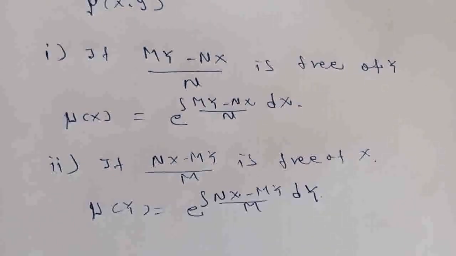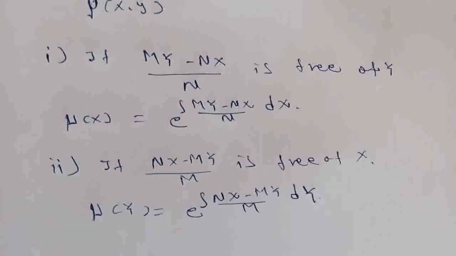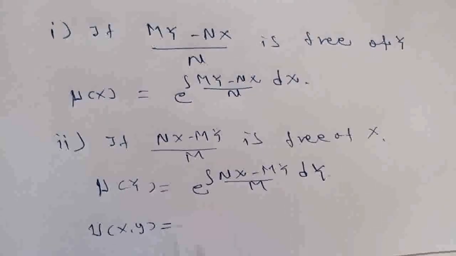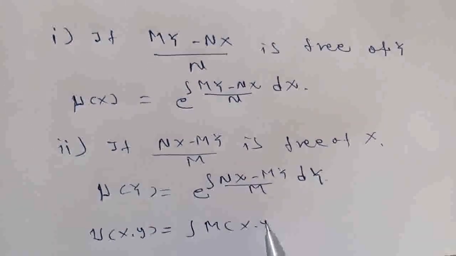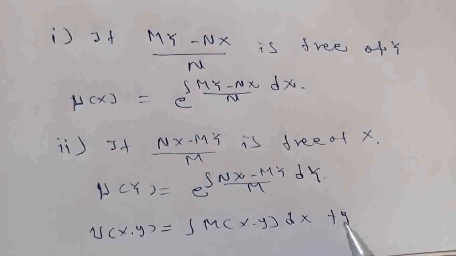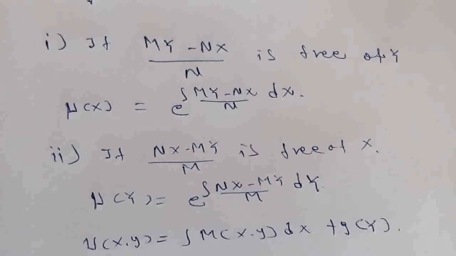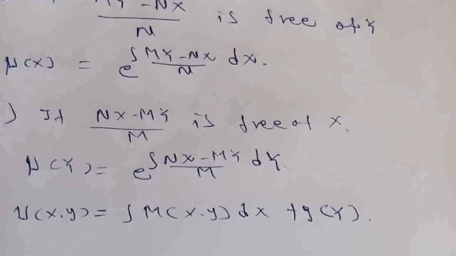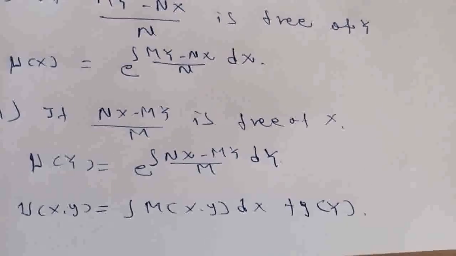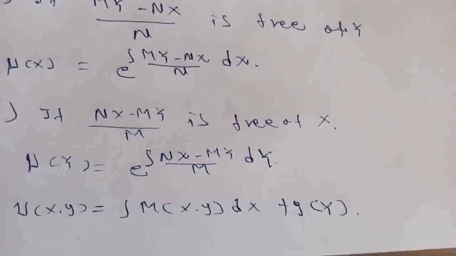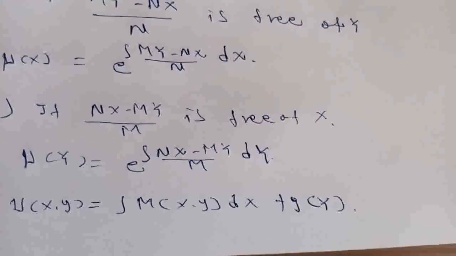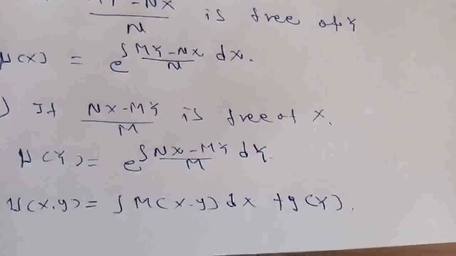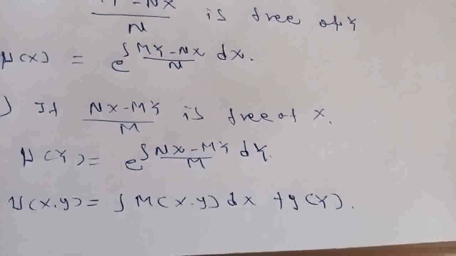After we check whether the DE is exact or not, we apply the formula u of x,y equal to integral of M of x,y dx plus g of y. Then, as usual, we try to find g of y. After integrating M of x,y with respect to x, we take the partial derivative of both sides with respect to y.